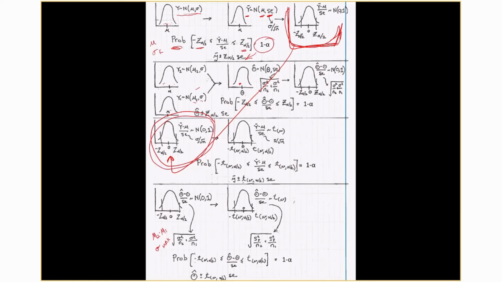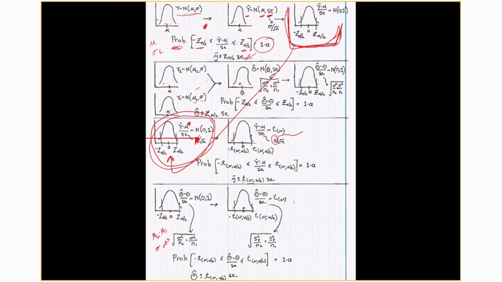The difference between this scenario and the scenario up here, of course, is that now the population standard deviation is not known. It's estimated by the sample standard deviation. So we can no longer assume we know what sigma is. We replace our known sigma with our estimate that's derived from the sample. So now we replaced sigma with s.